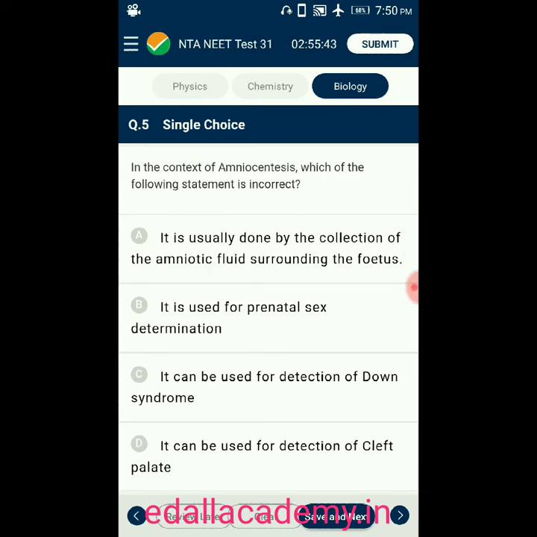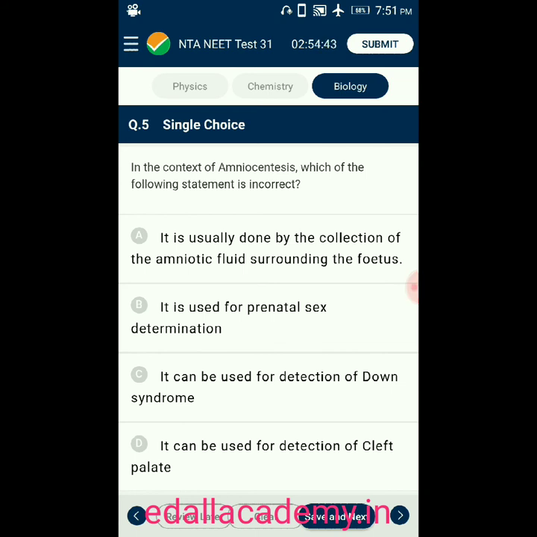Question number 5. In the context of amniocentesis, which of the following statements is incorrect? Statutory ban on amniocentesis for sex determination to legally check the increasing menace of female feticides, massive child immunization, etc. In amniocentesis, some of the amniotic fluid of the developing fetus is taken to analyze the fetal cells and dissolved substances. This procedure is used for tests for presence of certain genetic disorders such as Down syndrome, hemophilia, sickle cell anemia, etc. Determine the survivability of the fetus.